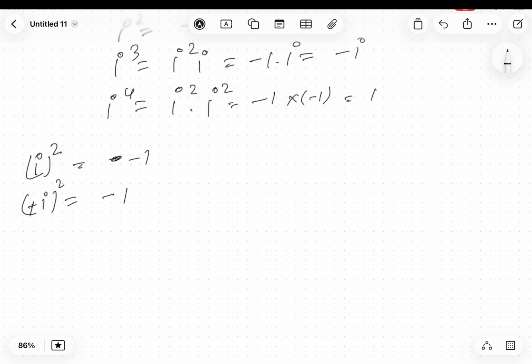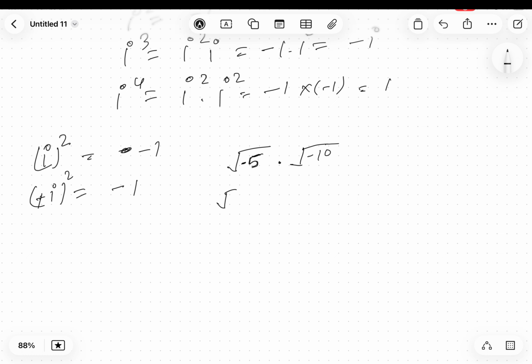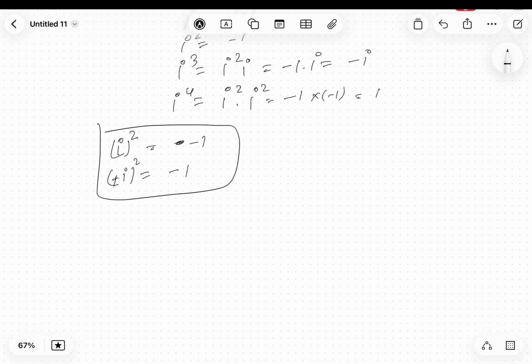Suppose we have under root minus 5 into under root minus 10. So what will be the answer here? We can write it like minus 1 into under root 5, and okay, let's just skip this, we are going off track. So this is basically what happens, right?